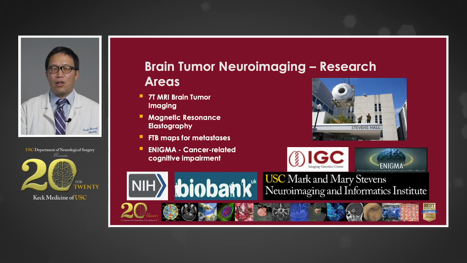for metastasis. The FTB, the fractional tumor burden map that I showed you for that primary brain tumor, is relying on tissue samples taken from patients with glioblastoma and high-grade gliomas. On the other hand, metastasis, which are tumors that spread to the brain from other parts like breast cancer, lung cancer, and so on, the blood vessel physiology of that is very different from that of a primary brain tumor.